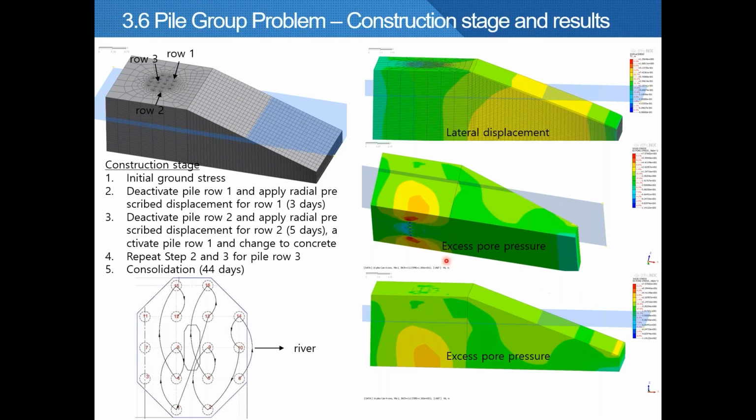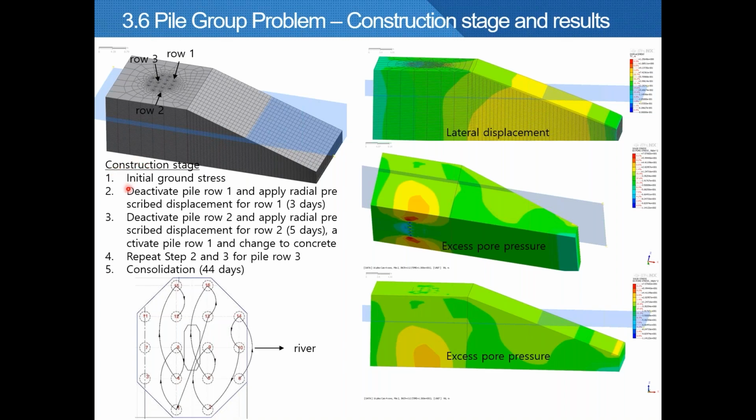Generally, it can be simplified as installing piles at row number 1, followed by row number 2 and row number 3. The model construction sequence is: first, generate initial ground stress. Remember to deactivate the K0 condition because this is a slope.